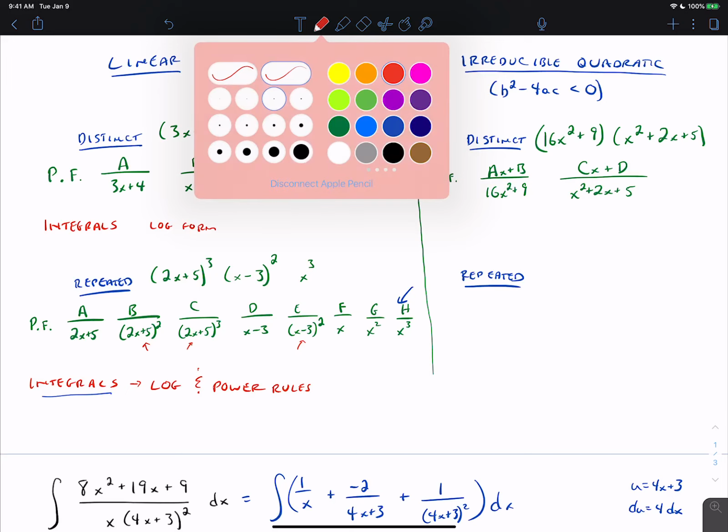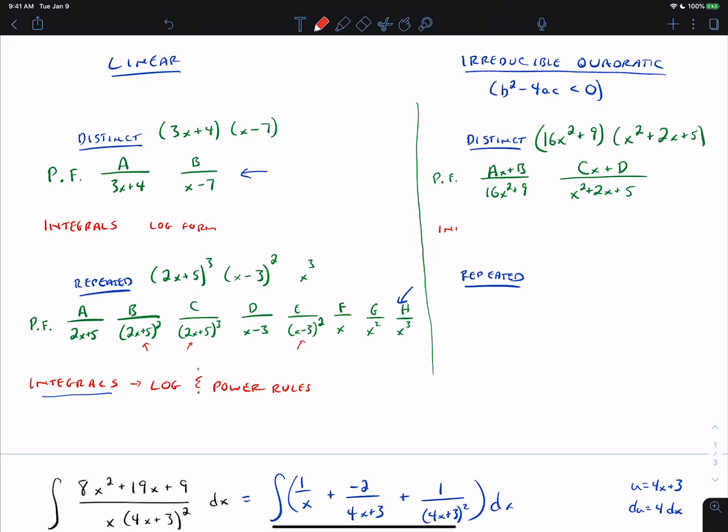When we do the integrals, we actually covered this type of integral, this first one with no middle term, in a video when we talked about u substitution. You end up using log and inverse tangent. So if a and b are both non-zero, then you'll use log and inverse tangent.